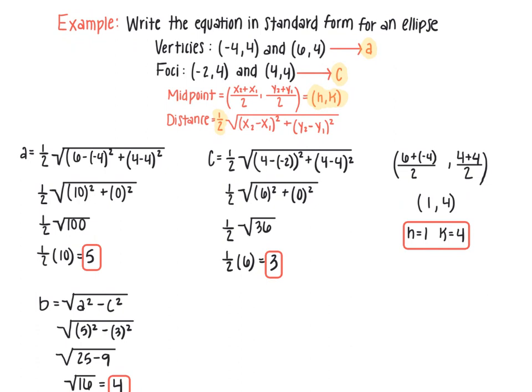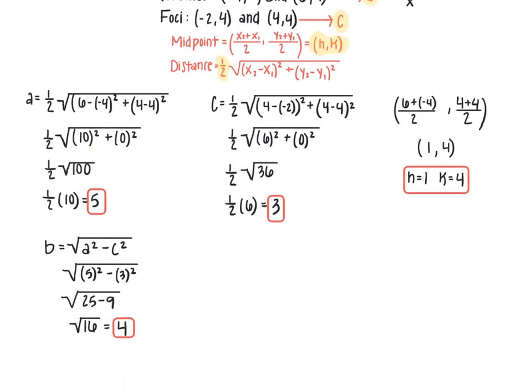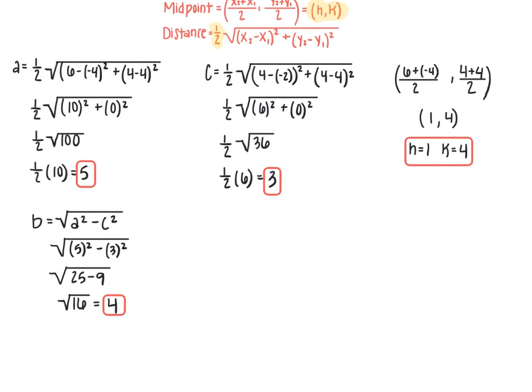So now the last thing to do is figure out whether A goes under the X values or whether A goes under the Y. So if I look here again, my X value is the one that's changing and my Y value is the one that is staying the same. So we know that A is going to be paired with X. Okay, so let's go ahead and finish this problem by writing out our equation.